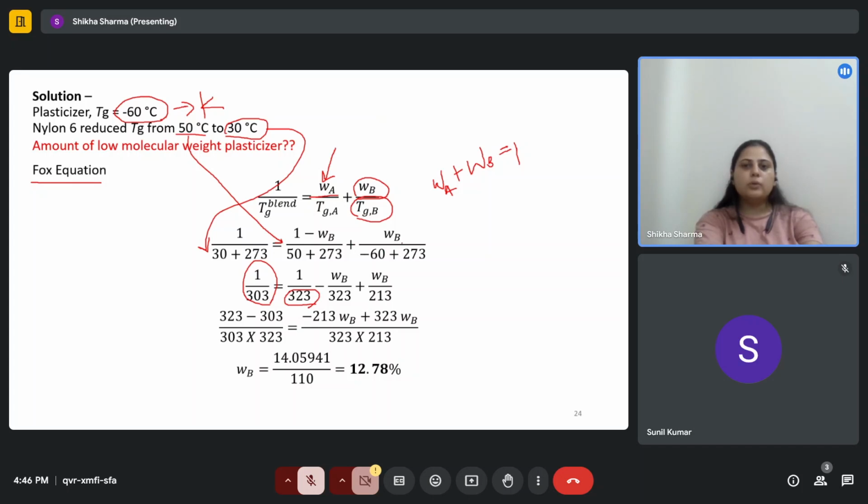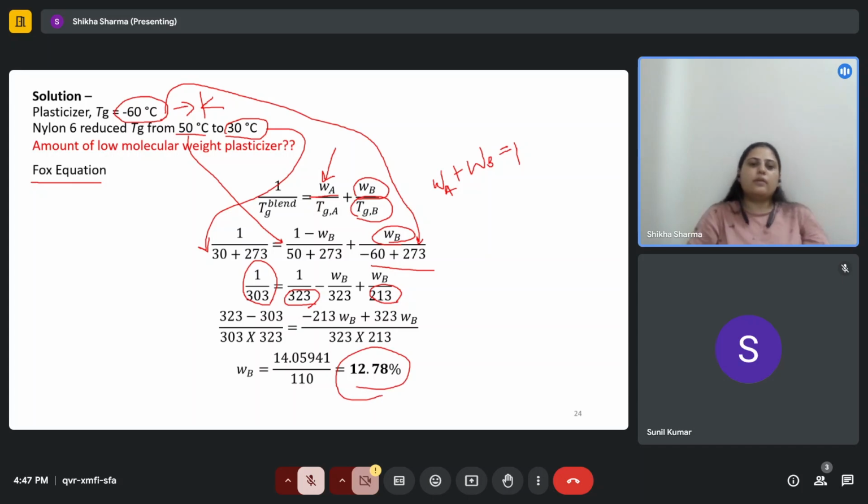Plus WB, which is the weight fraction of the plasticizer, divided by its glass transition temperature, which is minus 60. So we are putting minus 60 plus 273, which is nothing but 213 Kelvin.